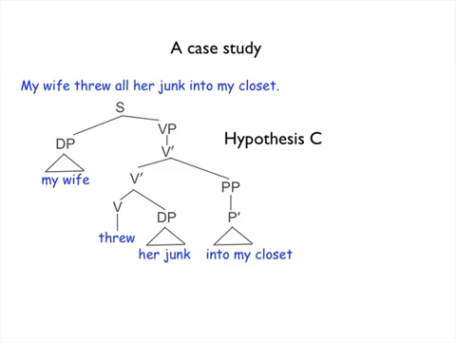And we're going to end up saying, yeah, we need X-bar theory, this theory where you have intermediate level verb phrases, smaller verb-like phrases inside of the verb phrase. So my wife threw her junk into my closet: one piece is threw her junk, a bigger piece is threw her junk into my closet, and so forth.